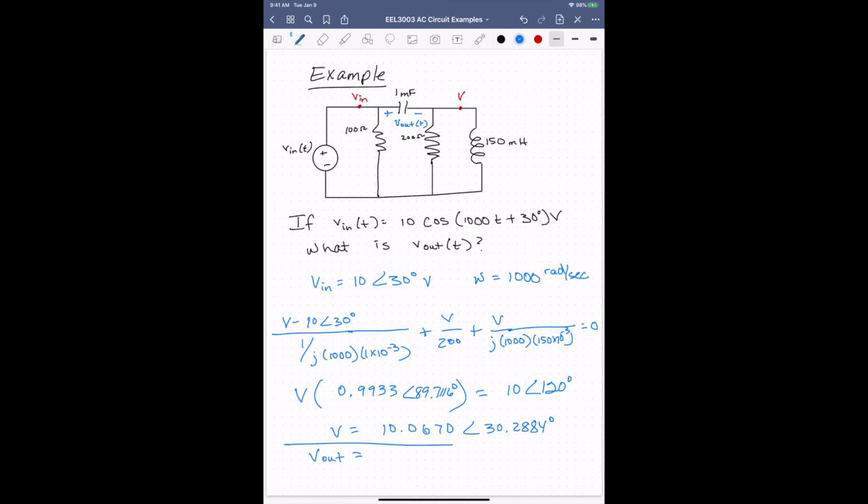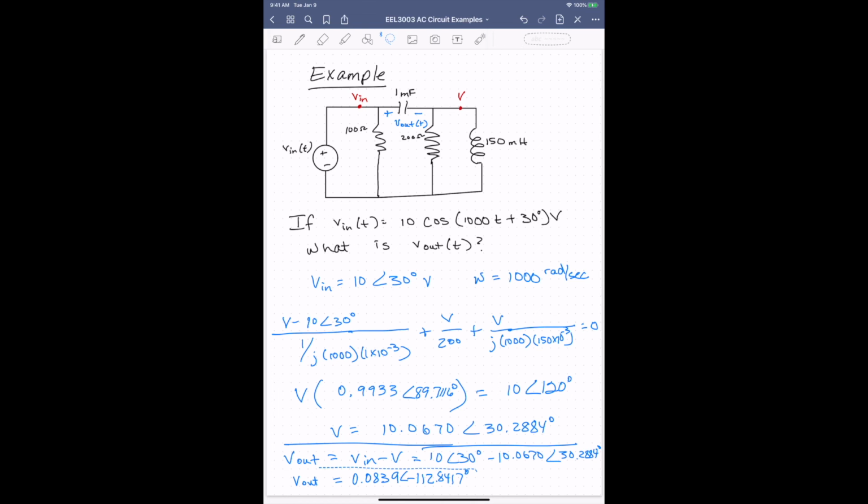And we notice that V out is equal to Vn minus V. Well, Vn was equal to 10 at an angle of 30, and V is 10.0670 at an angle of 30.2884 degrees, which gives me V out is equal to 0.0839 at an angle of minus 112.8417 degrees.